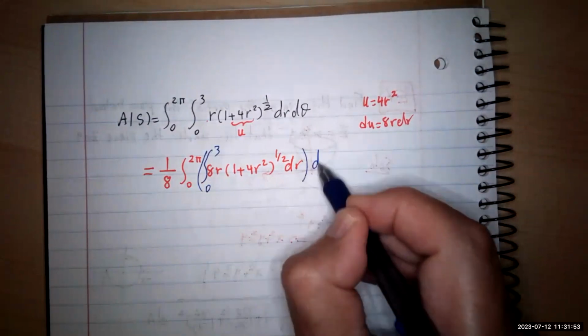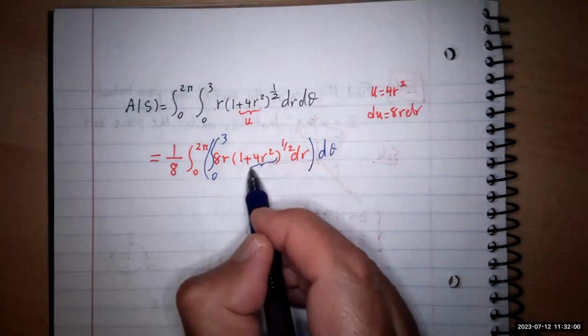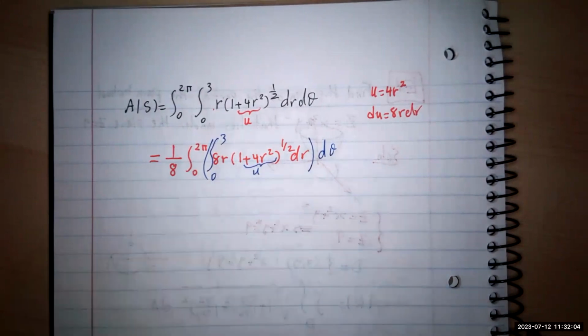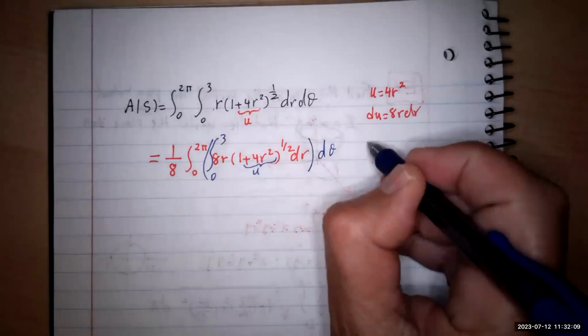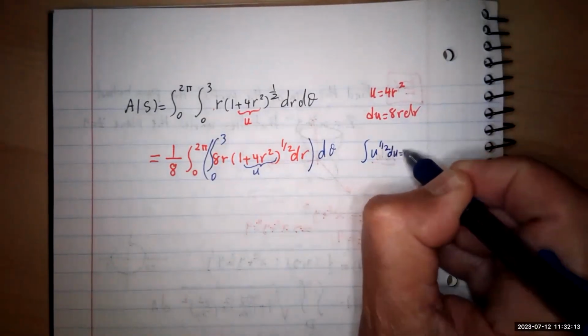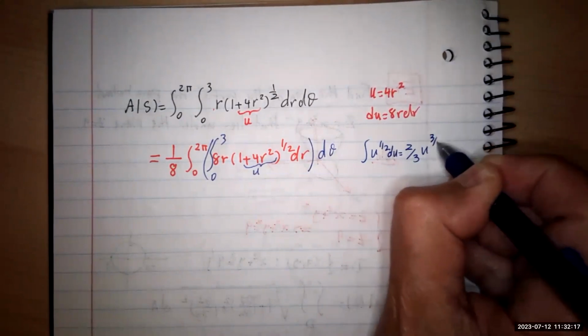Okay, and then when I'm done, I come back and take the integral with respect to theta. So you see, this is going to be my u, and this is going to be my u prime, or the dr that I need. So I end up with the integral of u to the 1/2 du, which is going to be 2/3 of u to the 3/2.